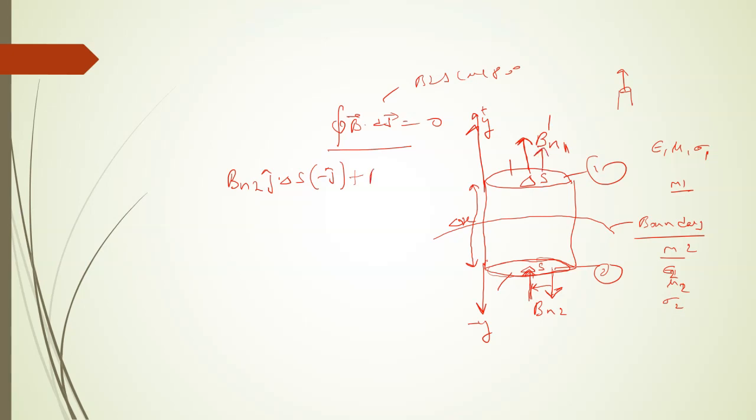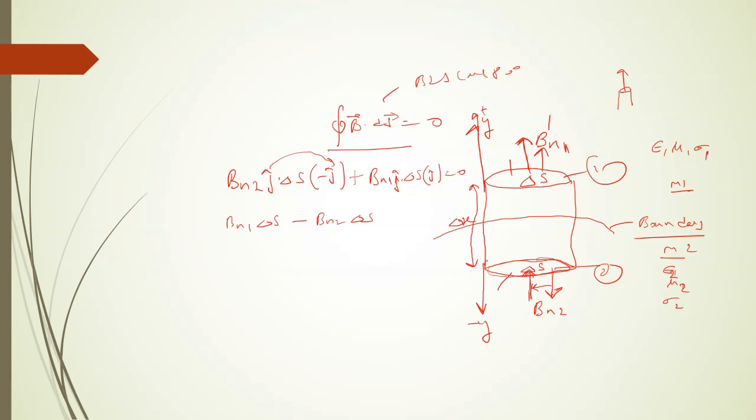So it will be Bn1 j cap dot delta s j cap equals 0. It becomes Bn1 delta s minus Bn2 delta s, because the dot product of j with j is 1.